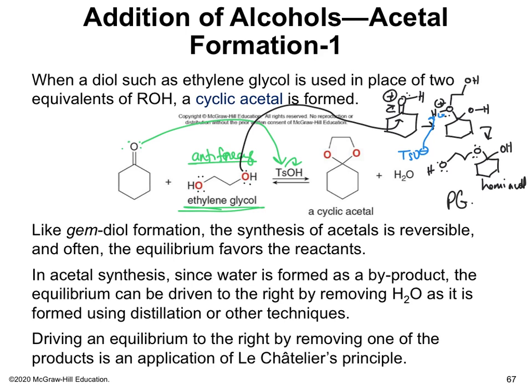Now, the next thing that happens is you still got tosic acid. So now we're going to protonate the OH to make it a good leaving group. And you'll see these in the future slides here. You still have this intramolecular nucleophile. So then this carbon is, you're going to reform the carbonyl, and that's going to leave. This is the same mechanism.